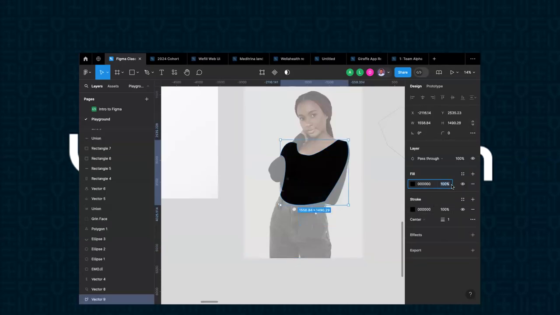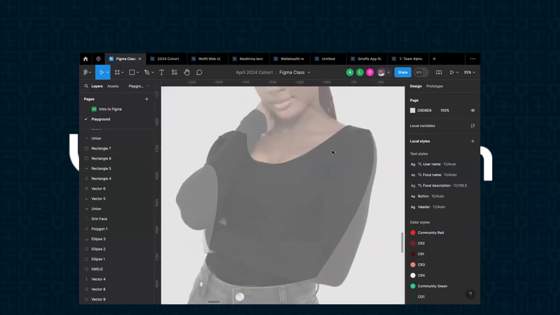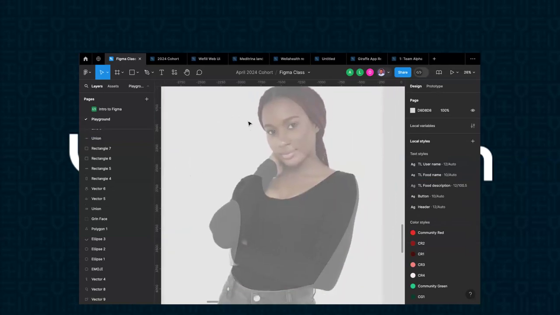I need to reduce this. Let's make it 20. Okay, it's already at the back, right? So now we draw this hand, because this hand is going to cover the torso, and then we draw this other hand. Okay, so let's start with this hand.